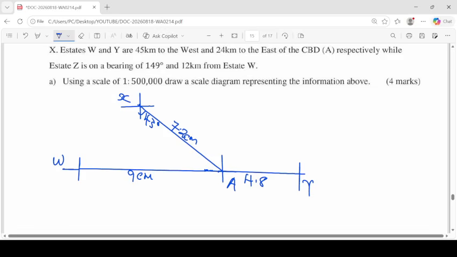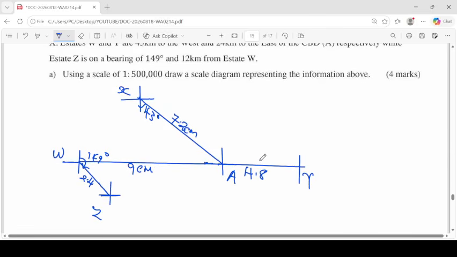This becomes 2.4 centimeters. So it comes this way. That is our 2.4 centimeters, and this point here is now the point Z. This angle here is 149 degrees. You make sure it's 149 degrees. After this, we have your 4 marks.